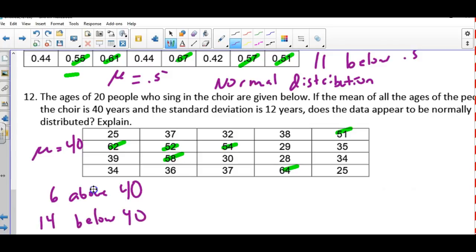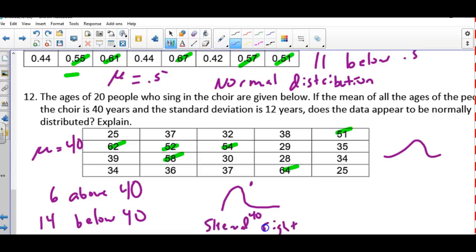So this is clearly skewed. See how there's more people on the lower end? So you wouldn't have a normal distribution. What you have now is called a skewed distribution. There's more people on the back end than right here in the middle where 40 is. So this is skewed right.